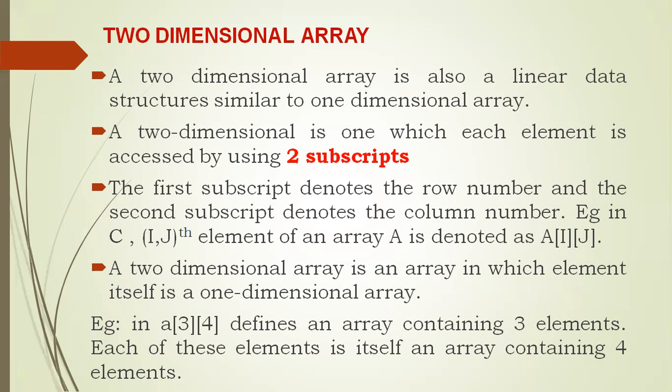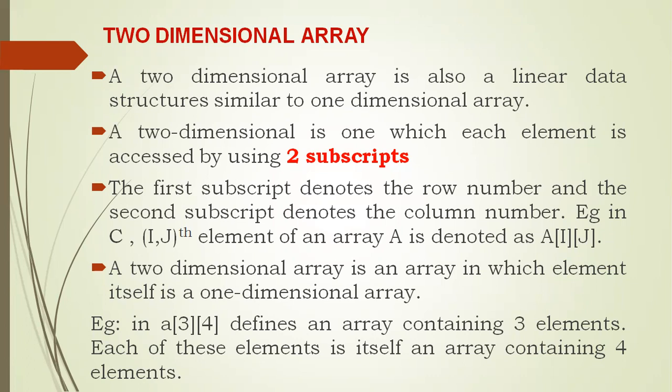So altogether, each row has 4 columns, and there are 5 such rows. Means altogether it will be 20. In that case, a 5 cross 4 matrix is represented as a one-dimensional array of 20 locations. So you should remember that a two-dimensional array is also represented as a one-dimensional array only.